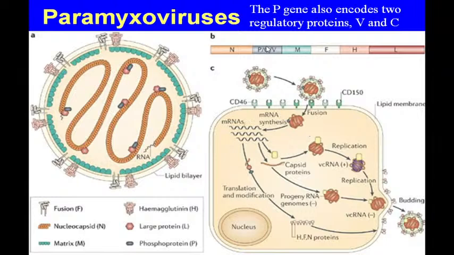So C and V, these are regulatory non-structural proteins, will be produced, but also other proteins are produced, and the way of production is different from that, for example, of the enterovirus, because many types of mRNAs will be produced, one for each gene, right?